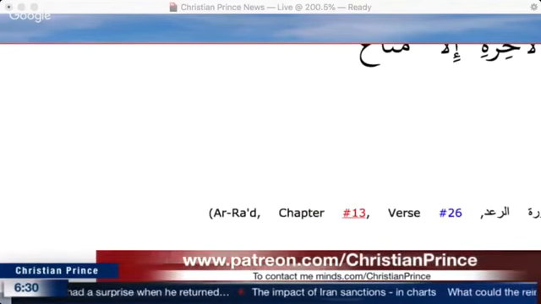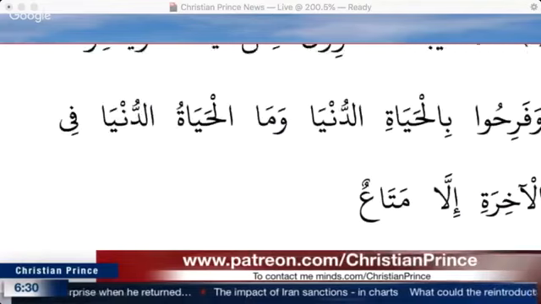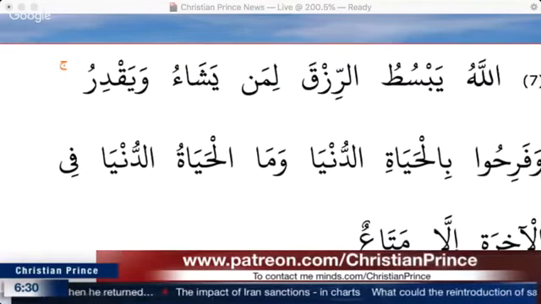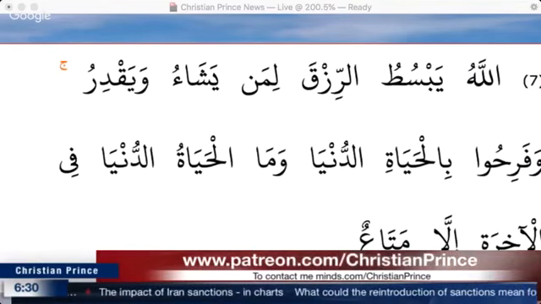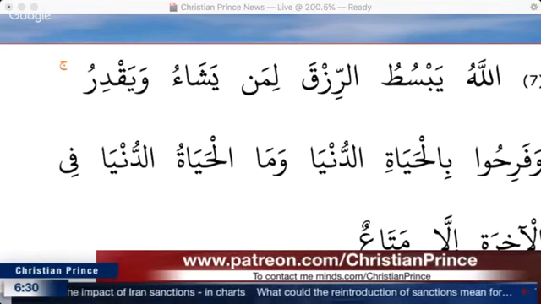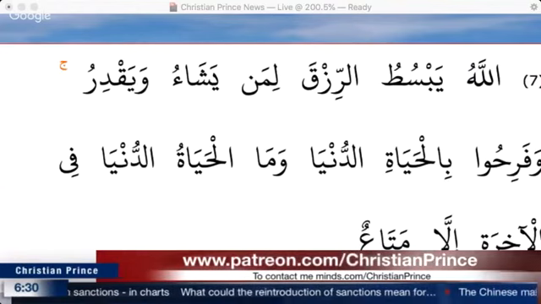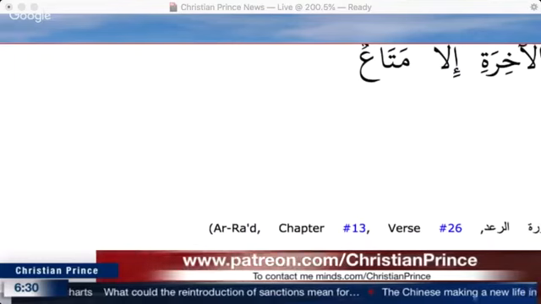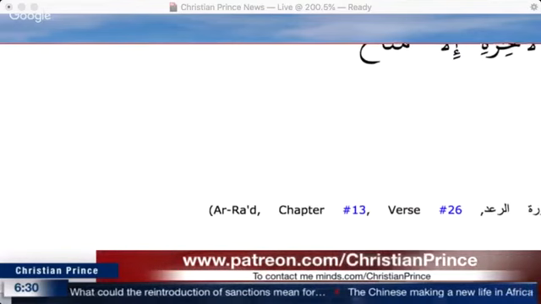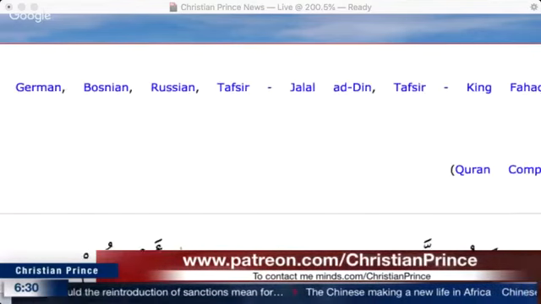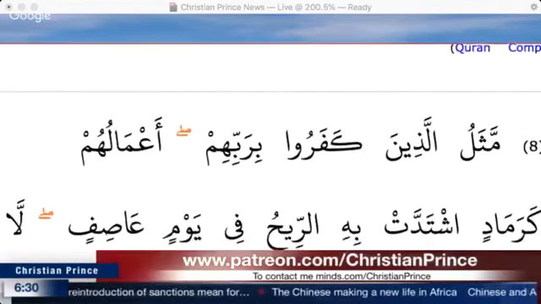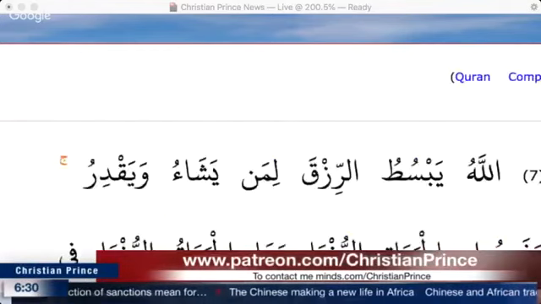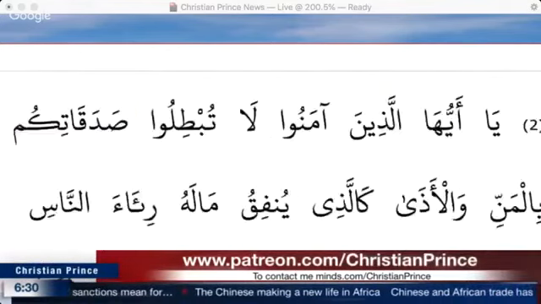In chapter 13, verse number 26, it says that Allah is the one who gives as he wishes, and he is the one who decides, he decrees. He decrees what exactly? Chapter 13, whatever verse, Allah wishes. Yeah, he decrees what? But that's the point. It doesn't actually say that it's been written down and everything.